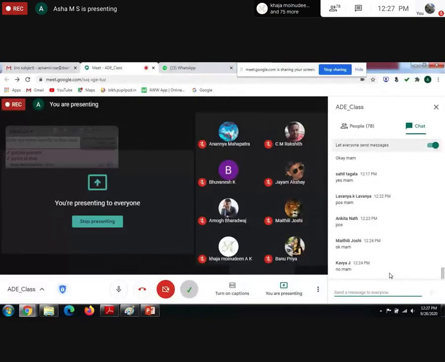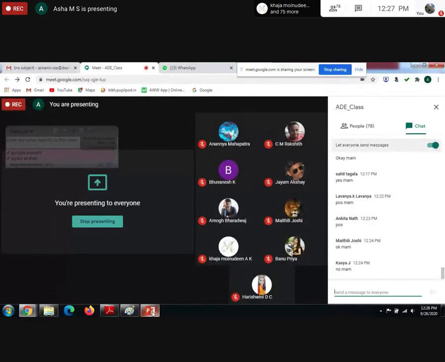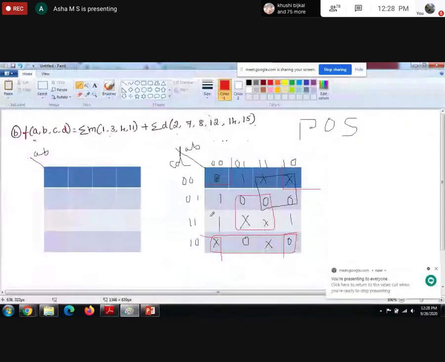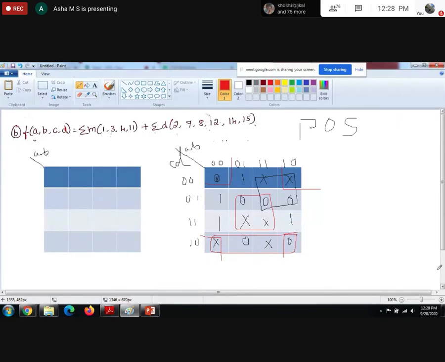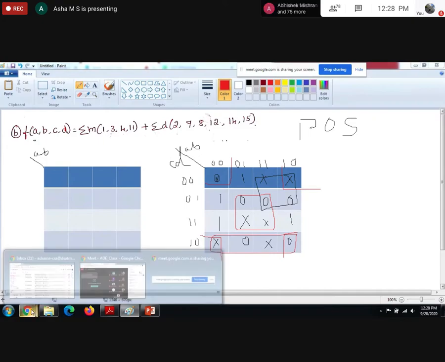Guys, grouping is clear? Any doubts in the grouping? I got 4 quads. See, you can do the grouping however you want, but at the end I should get 4 terms. That's it.